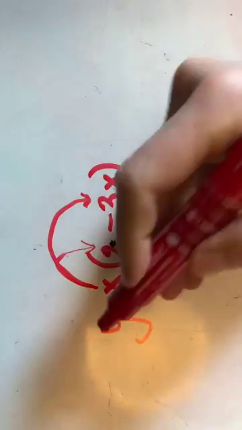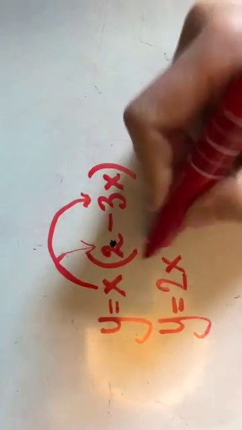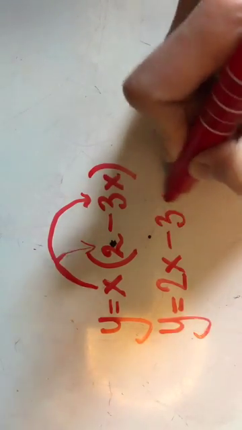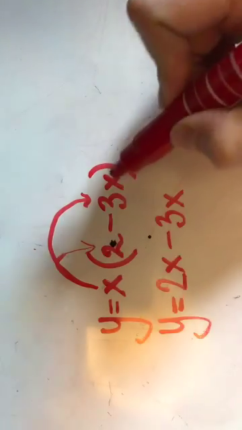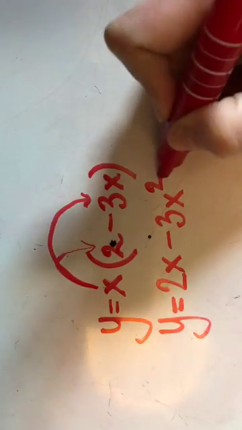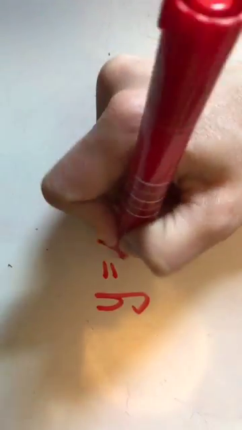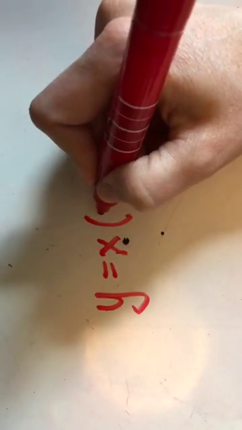We're just distributing it. So we're going to do y equals 2x, 2 times x, minus 3x, well, what's x times x? X squared. So that's going to change that to be a squared term.